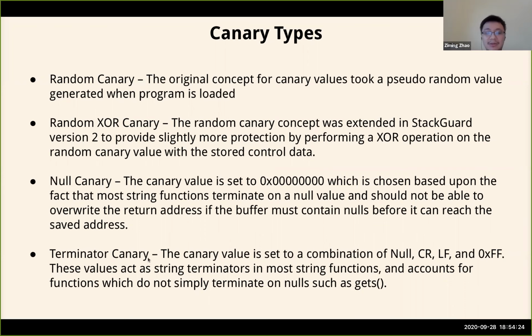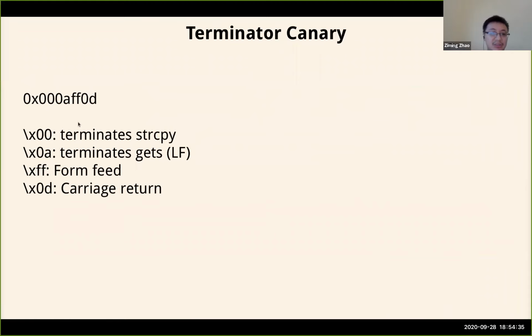Then there is another way, which is another fixed canary. Of course those are fixed canaries. One example is called a terminator canary. There is 0 to terminate a string copy. There is 0A, which is newline, to terminate gets.